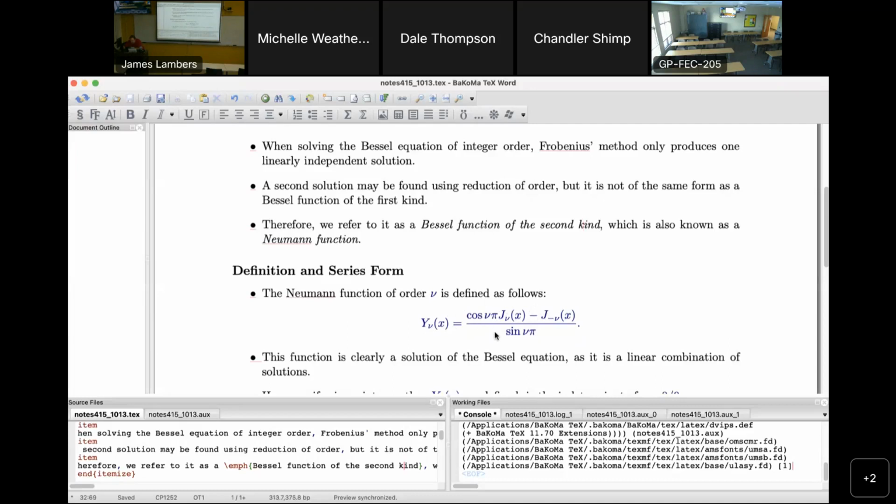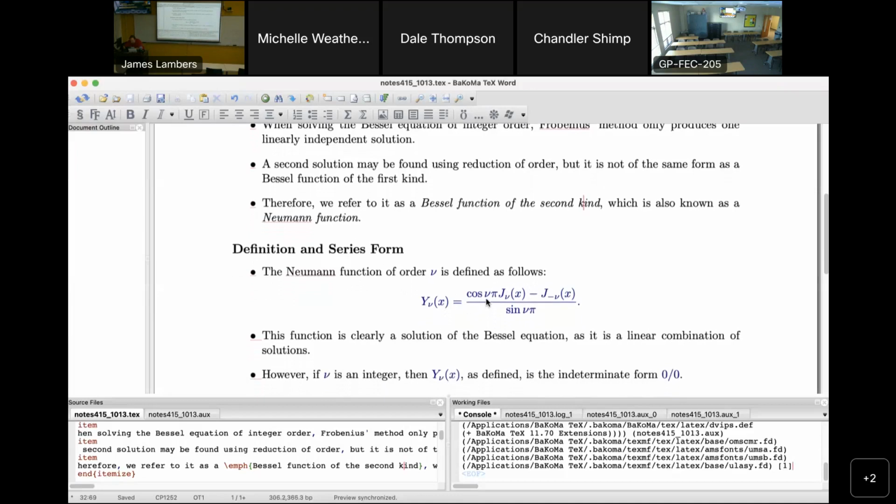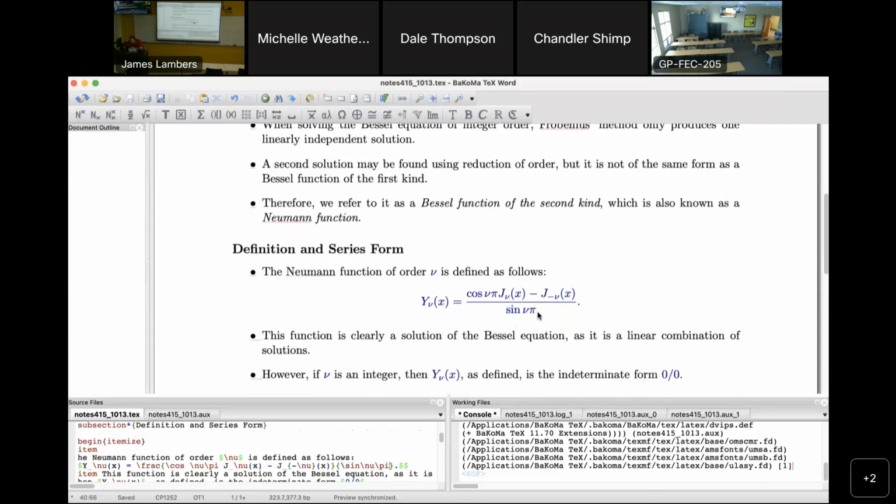But things get more complicated when the order nu is an integer, because first of all, sine of an integer multiple of pi is 0, so we have 0 in the denominator. In the numerator, cosine of integer times pi is equal to minus 1 to the nu power. Well, in the integer order case, J minus nu is equal to minus 1 to the nu times J nu.